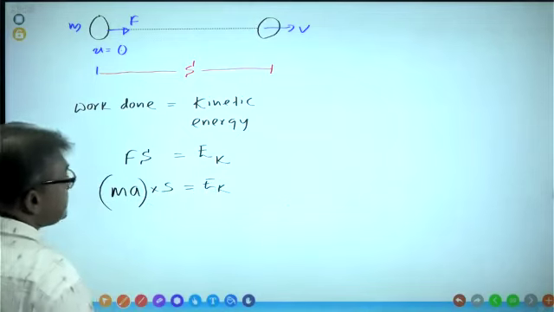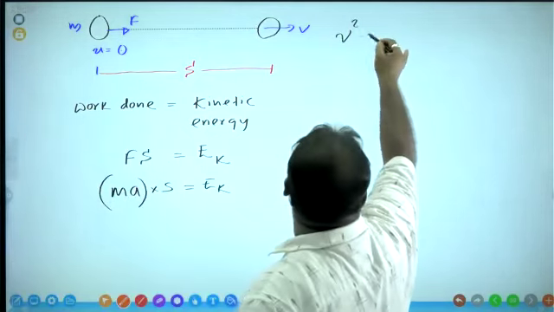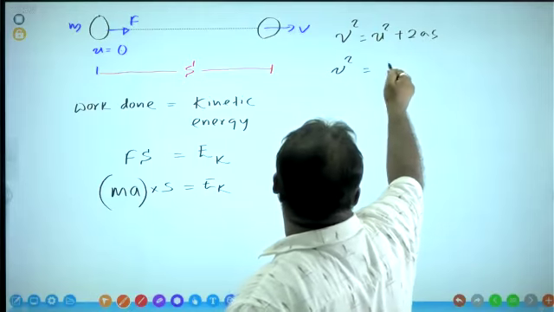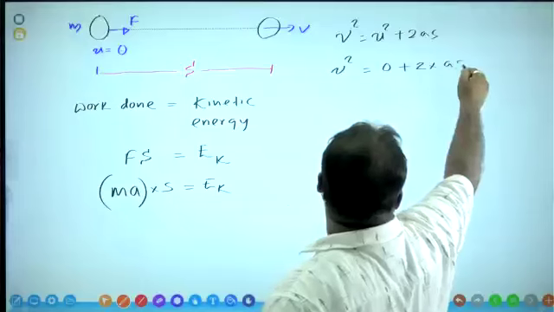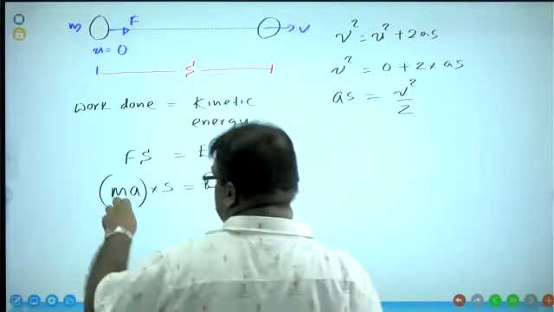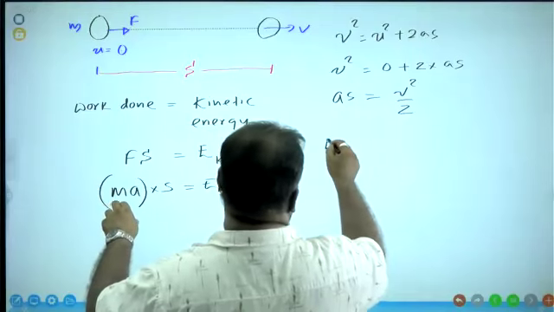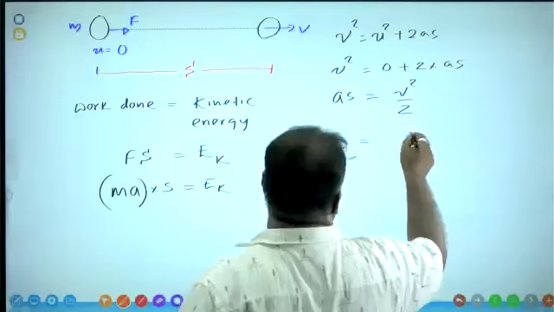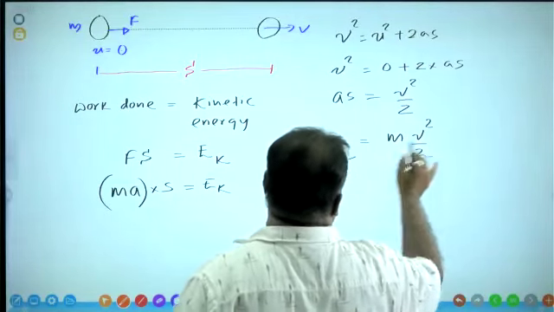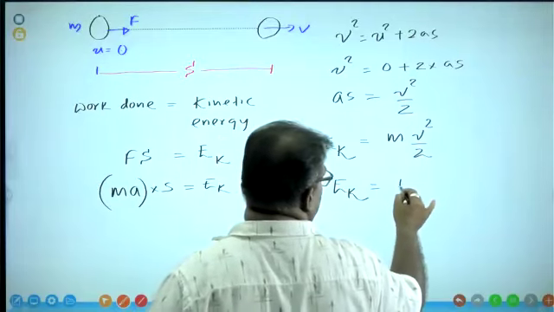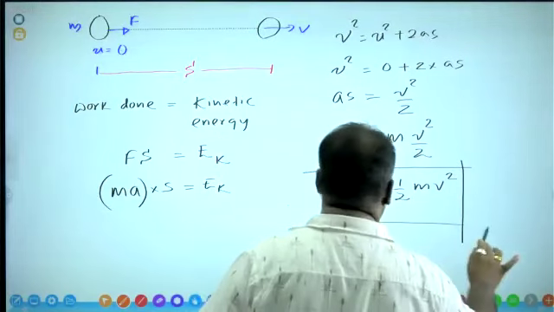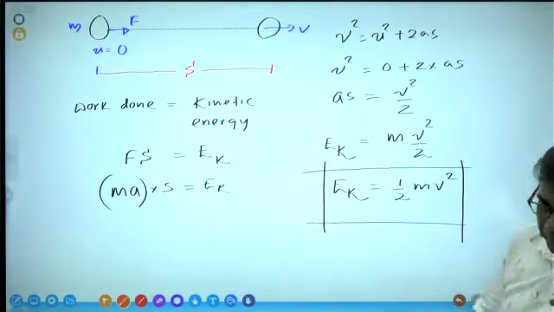Then we can apply v squared equals u squared plus 2as, final velocity v, initially at rest, 2 into acceleration a. Then as becomes v squared over 2, no? Then kinetic energy equals mass m, as is v squared over 2. Then Ek becomes half mv squared. This is the standard equation for kinetic energy, right? Can we copy this one?